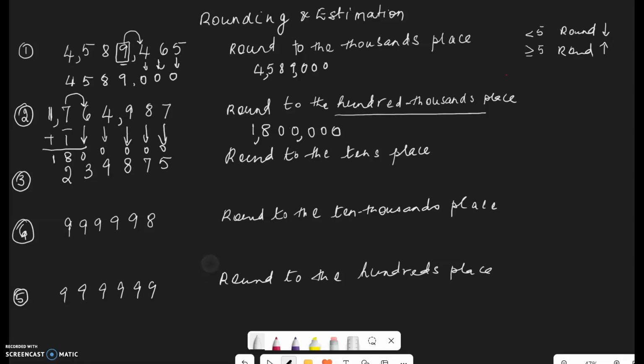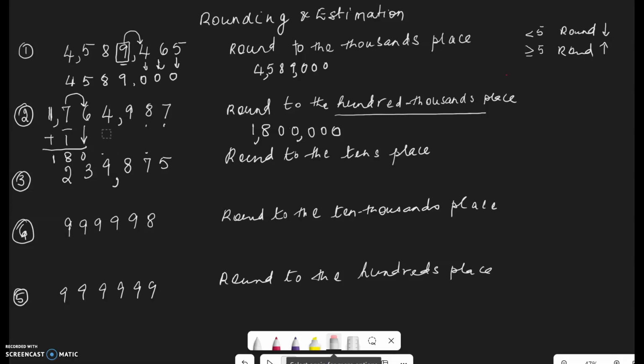Now the next number is 239875. So let's put the commas: 239,875. We have to round it to the tens place. So first locate the tens place.